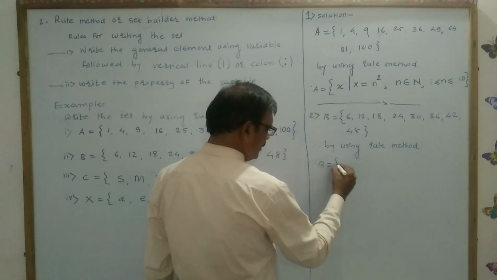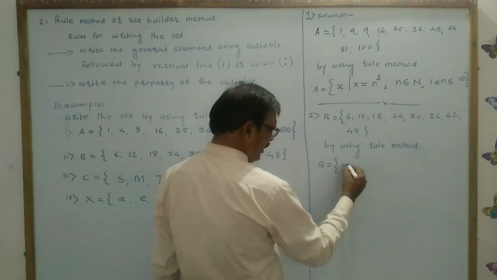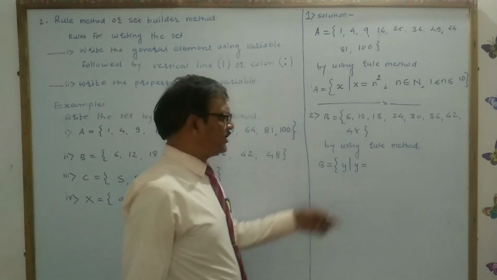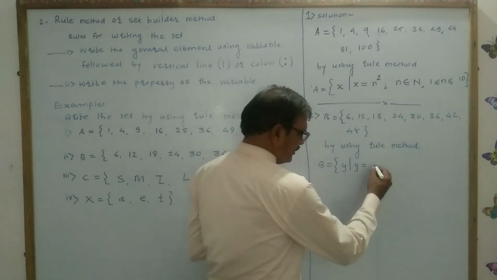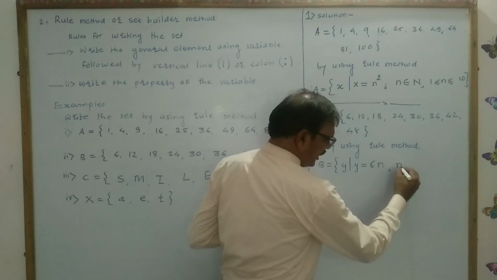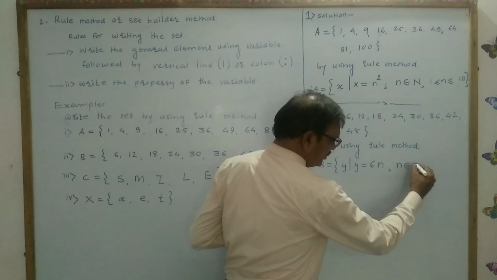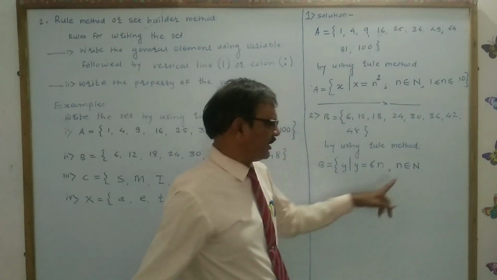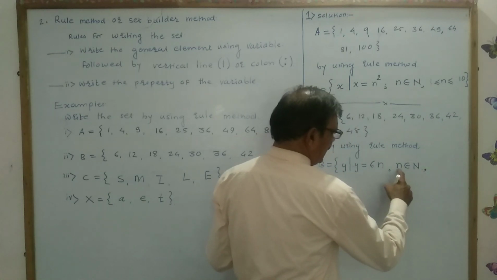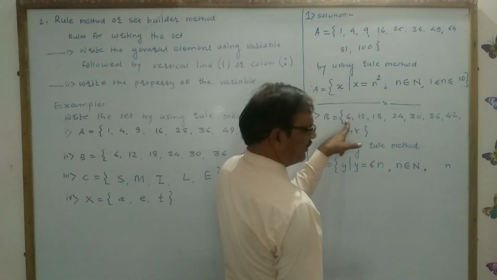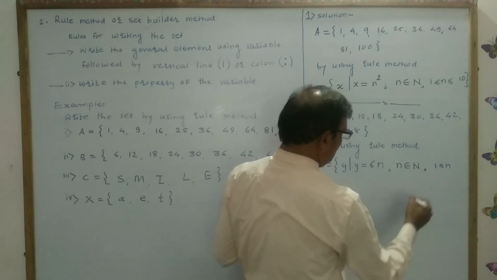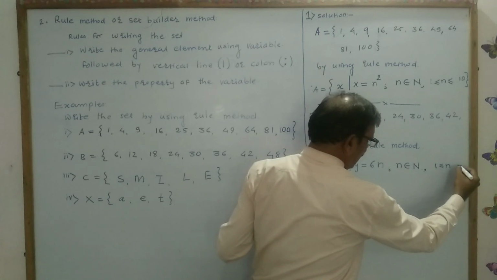Therefore, B is equal to, take any variable, suppose y, such that y is equal to, this is the table of 6, means 6 into n. N belongs to the set of natural numbers, and the value of this n lies between, means is equal to 1 to 8.